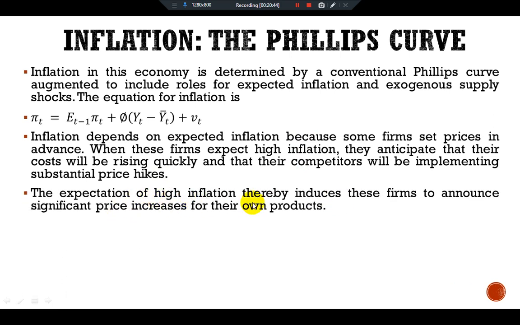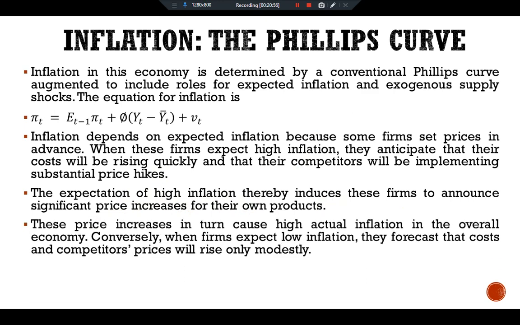So the expectation of high inflation induces these firms to announce significant price increases for their own products. These price increases in turn cause high actual inflation in the overall economy. Conversely, when firms expect low inflation, they forecast that costs and the competitors' prices will rise only modestly.